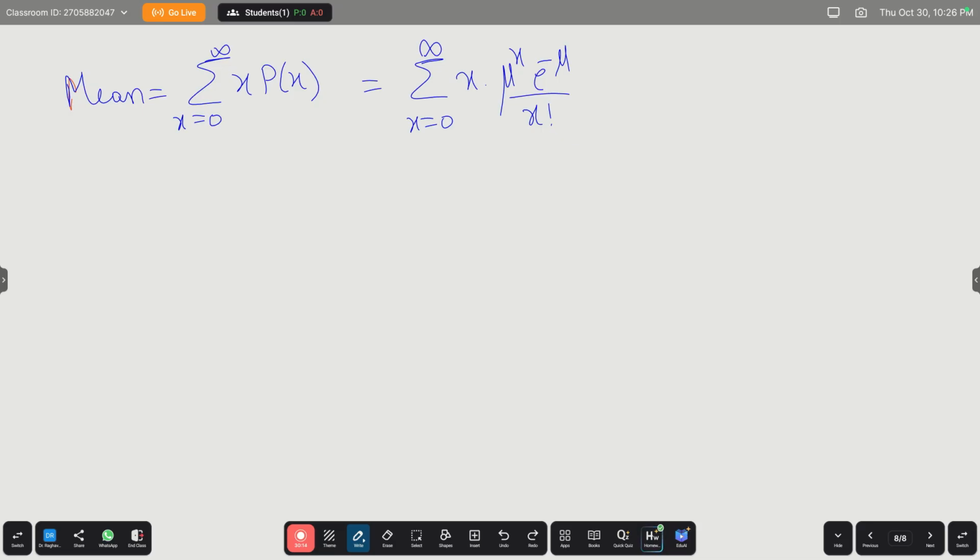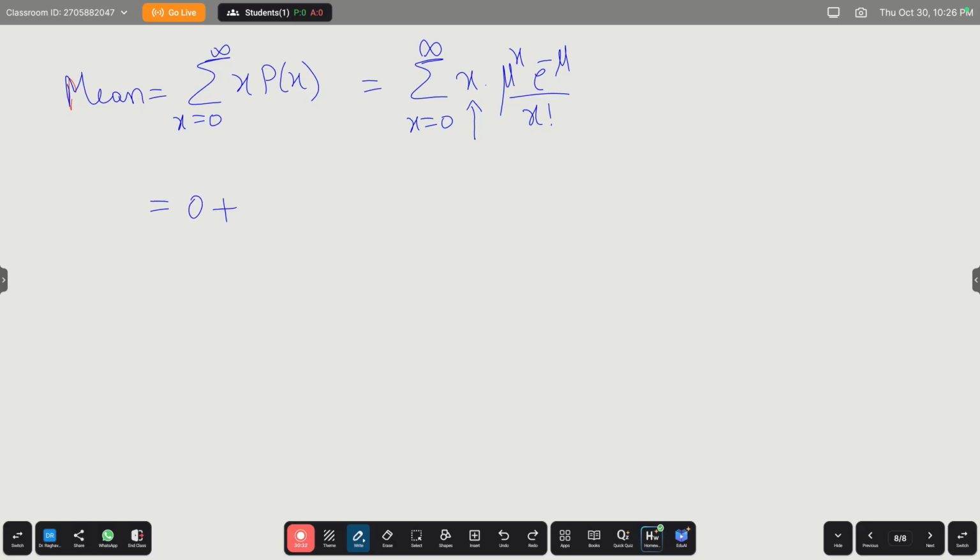So let us start expanding this by giving x values one by one. First, when I put x equal to 0, you can observe that x is there in the term. When you put 0, the term will become 0. 0 into anything is 0, so the first term will be 0.